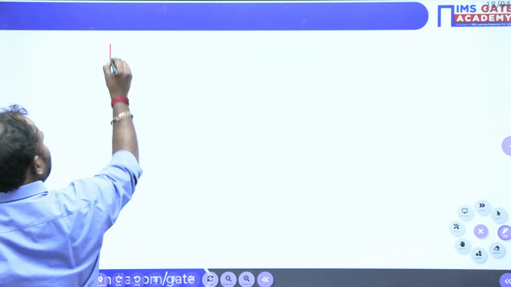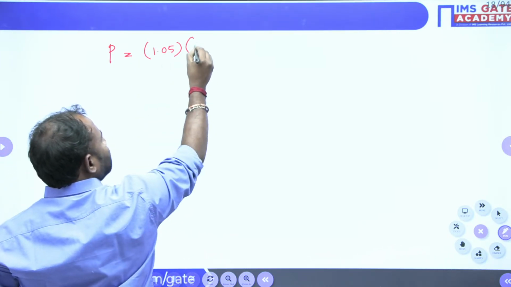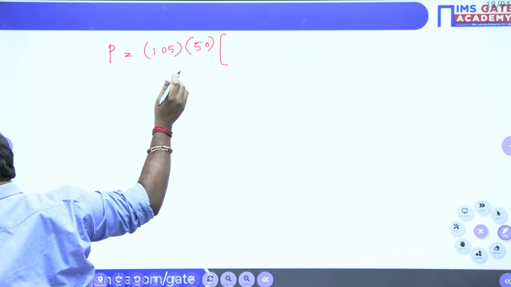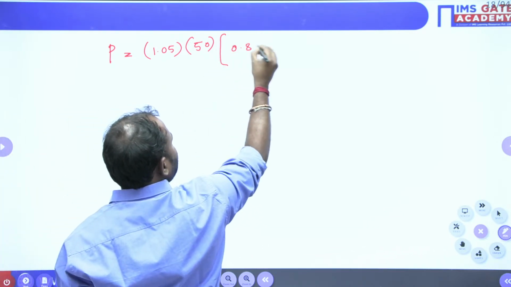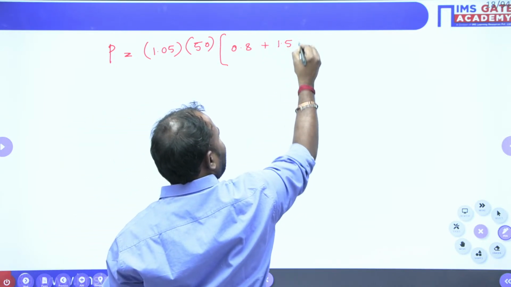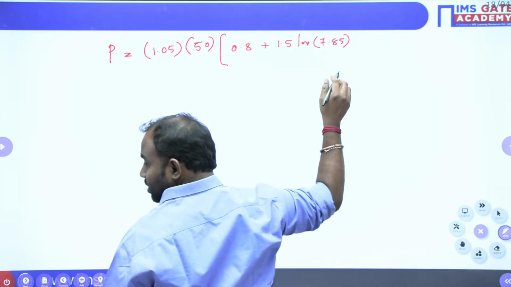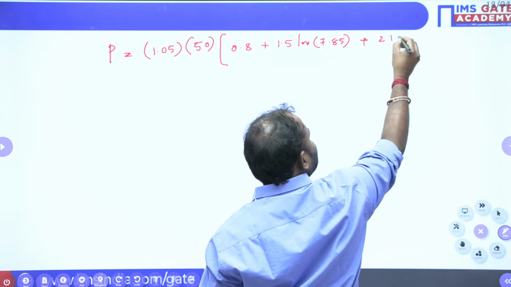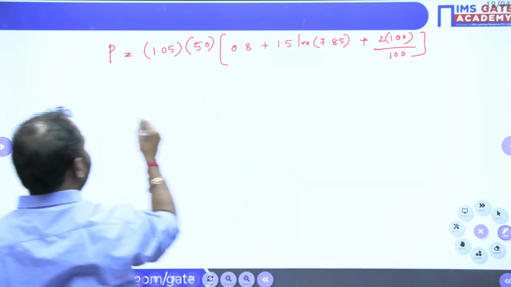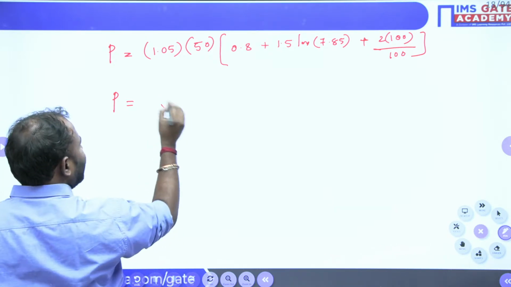P is equal to Ks 1.05 into sigma m 50 into 0.8 plus 1.5 into ln of R, 7.85 is R, plus 2L by D naught. 2L is 100 and D naught is also 100, so 100 will get cancelled. If you solve this equation, you will get the pressure.